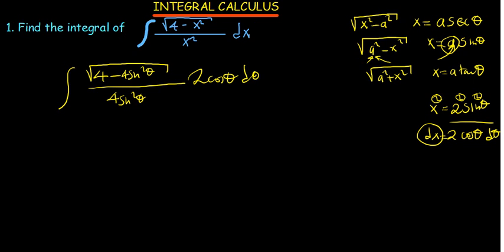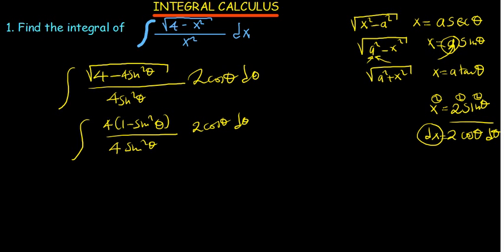And so this is going to give us the integral. I can factorize out a 4, and then we're going to remain with 1 minus sin squared theta, and then divide that by 4 sin squared theta, and then we have got 2 cos theta d theta. We have got a root here, so shouldn't forget that.